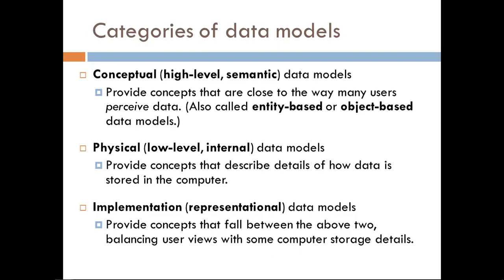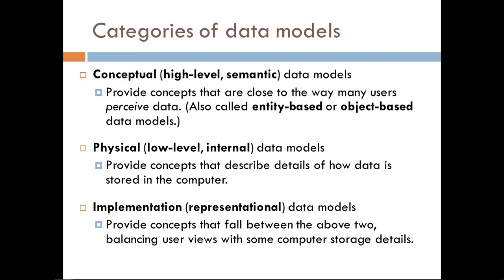In our example, we connected from the Java program. So as a Java programmer, what is the view that is required for the developer? That becomes the conceptual model or the semantic model. It is also called an entity based model or object based model.